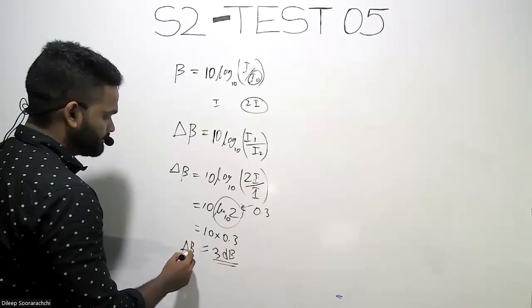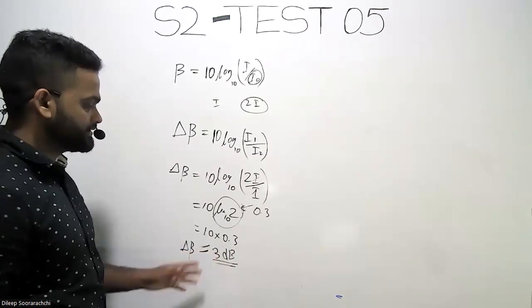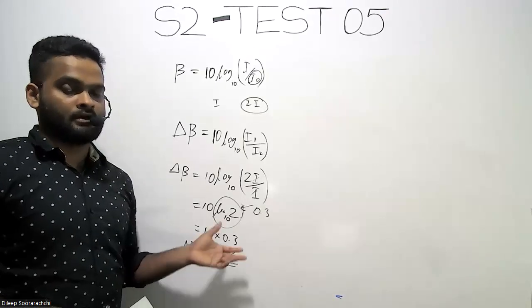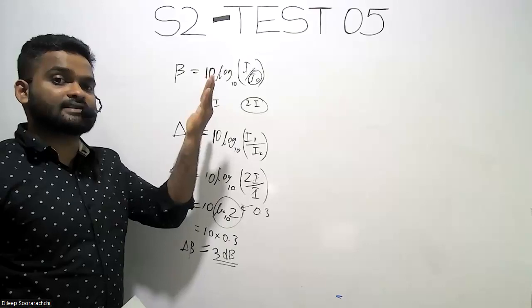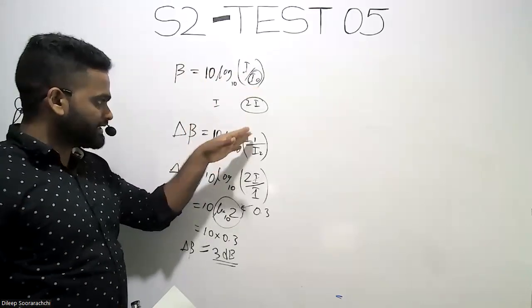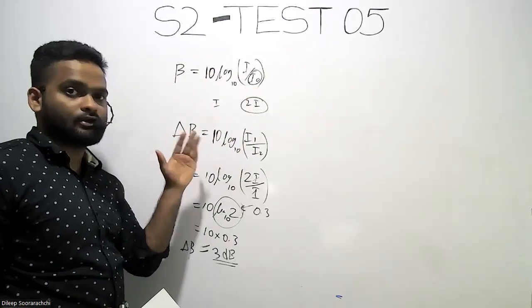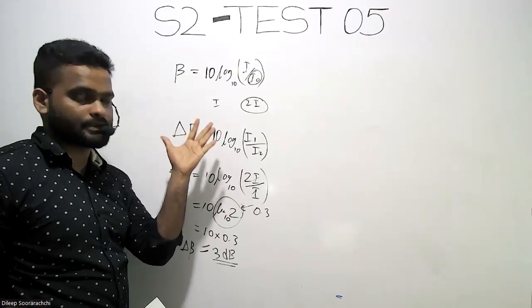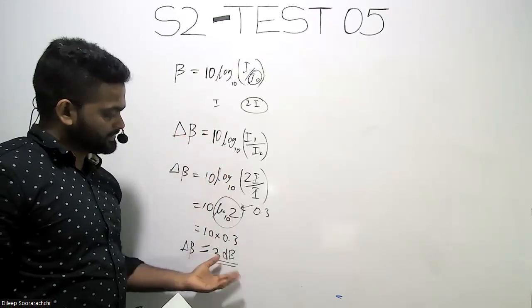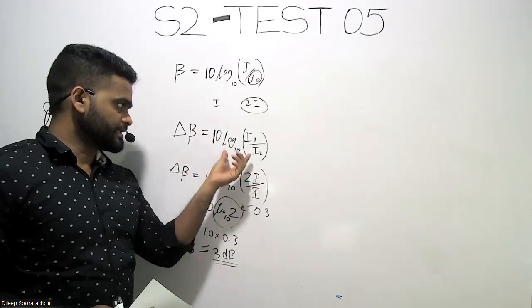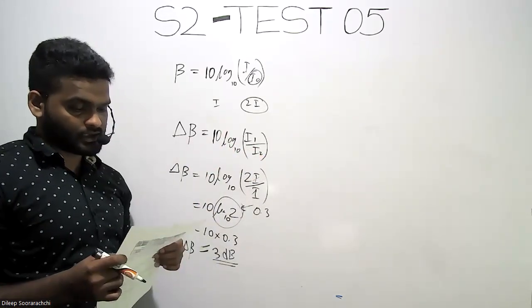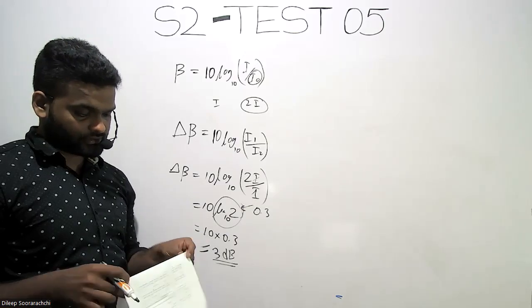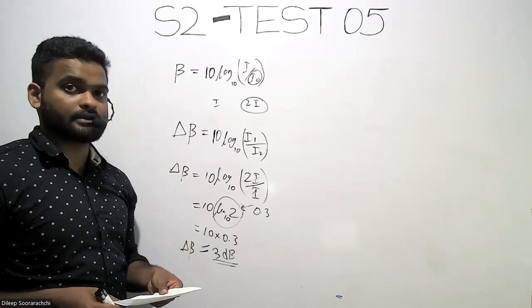So this is delta beta, the increase of intensity level if the sound intensity doubles. When sound intensity doubles, intensity level does not double, right? It is just increased by 3 decibels because this is a log scale. So the answer for the 14th one should be the third one.